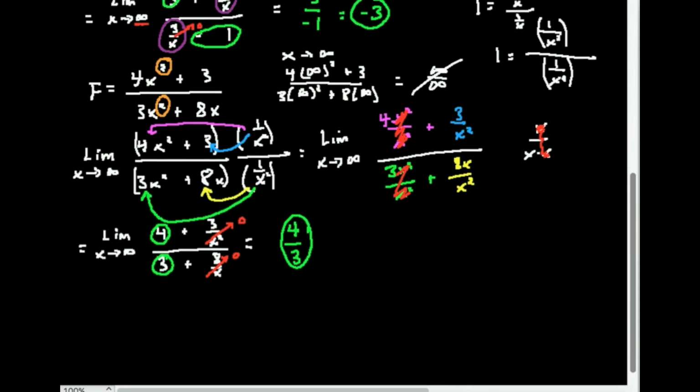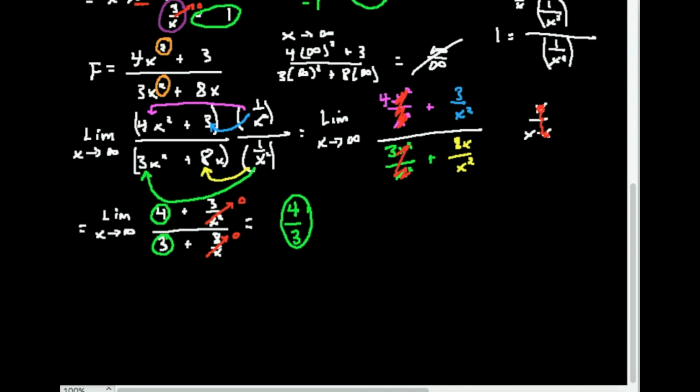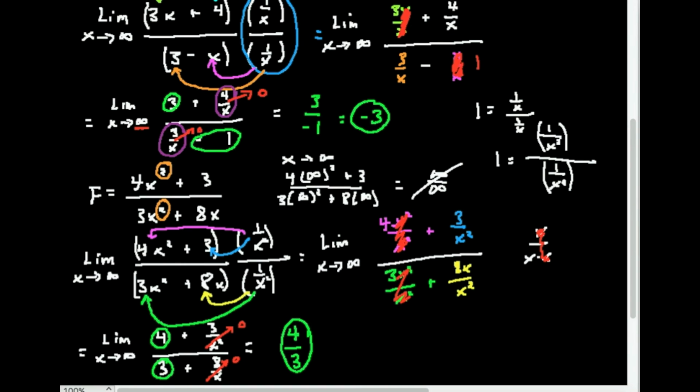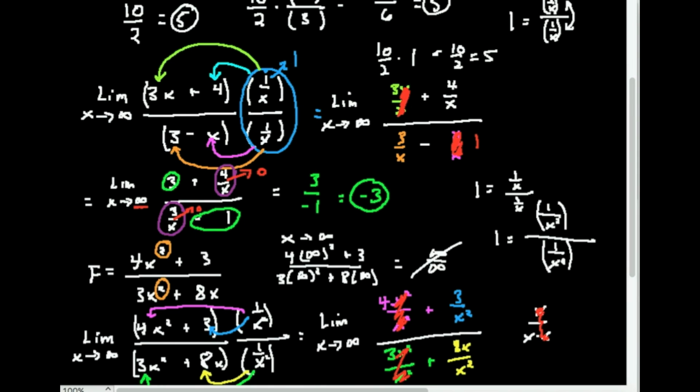One really quick thing to keep in mind is that when you're using this method of multiplying by the fancy 1, 1 over x divided by 1 over x or whatever, if you do 1 over x, that's when the highest power of x was 1.